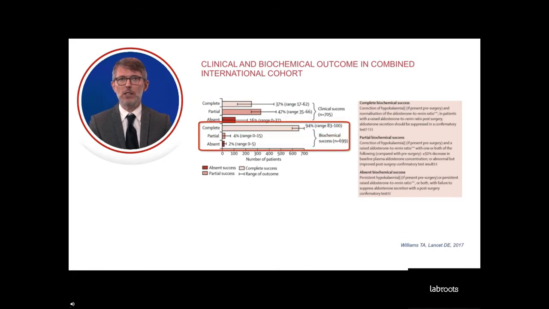However, the biochemical cure should be obtained in most, if not all patients, and should be demonstrated by normalization of the aldosterone-renin ratio.